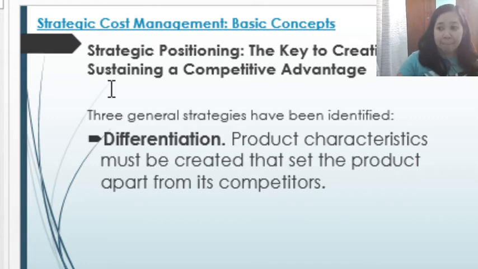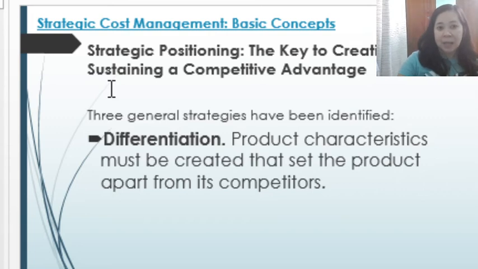But again, if an entity would take this strategy, there might be an additional production cost that will also increase the selling price of your product.